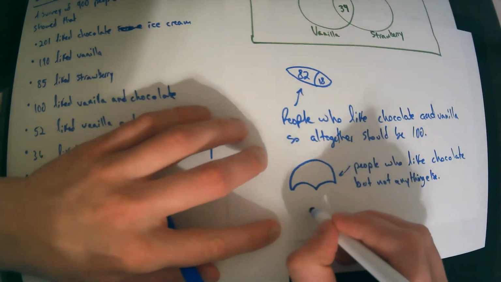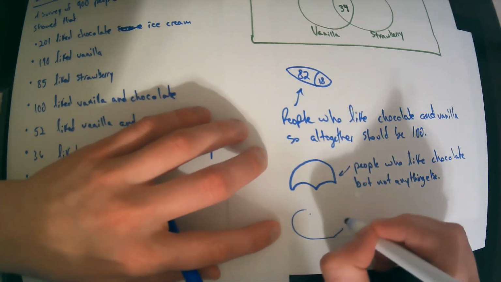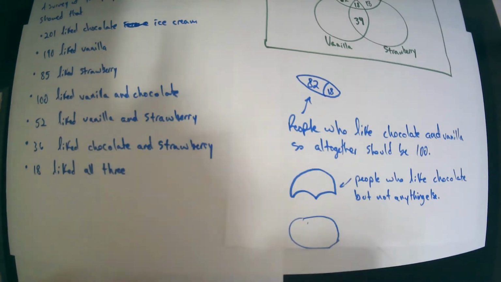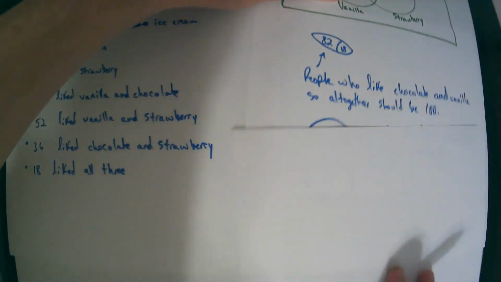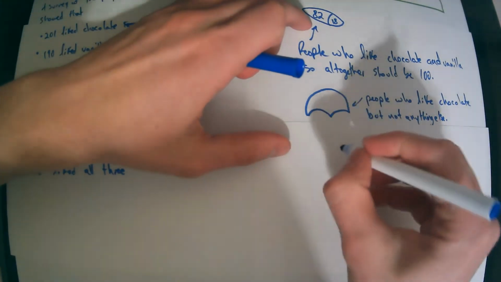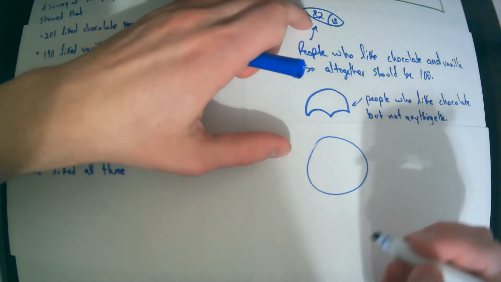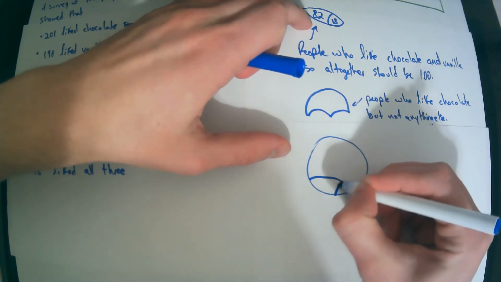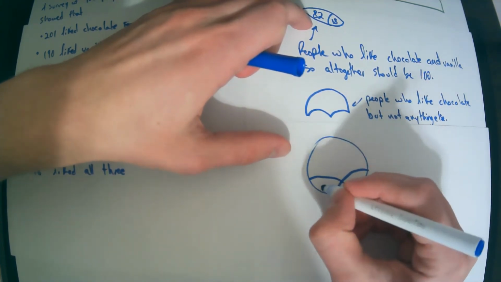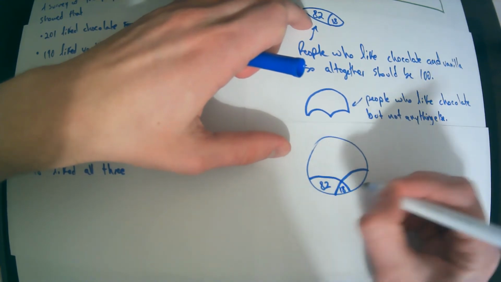We could say, okay, take the chocolate circle. Whoops. Let me draw it on a separate piece of paper. So here's the circle of people that like chocolate. There we go. Just kind of pulling that piece out.